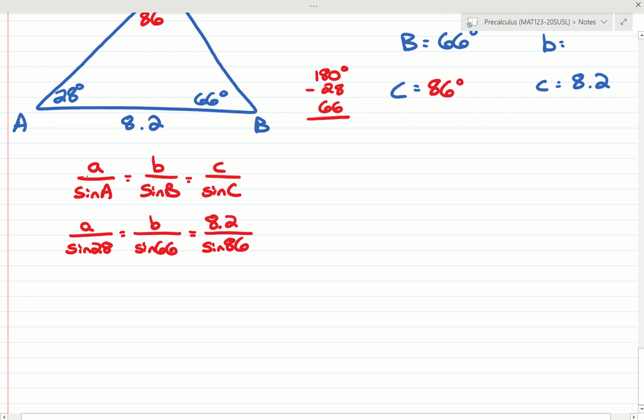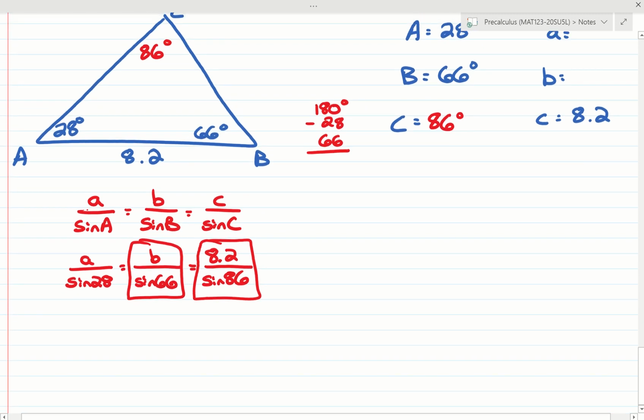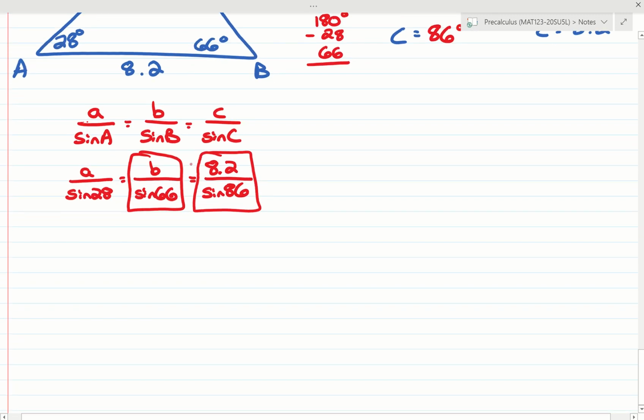In order to do law of sines, we need to have a full fraction. So at this point, we could either set this fraction equal to this, cross multiply and get side a, or we could set this fraction equal to this one, cross multiply and get side b. It really doesn't matter, and we're going to have to get the other side anyway. So I'm just going to go ahead and set these equal. I'll cross multiply: 8.2 times the sine of 66 equals b times the sine of 86.